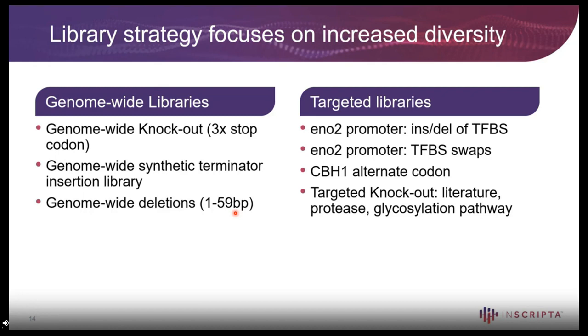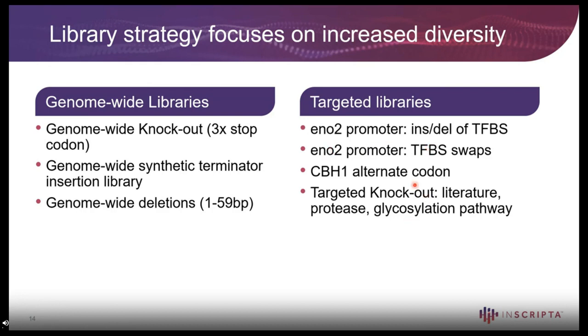Then on the targeted library side, we had a couple different variations that we designed. And a few of them targeted the ENO2 promoter itself by targeting the predicted transcription factor binding sites within the ENO2 promoter. And I'm going to talk about some details of these libraries later on.